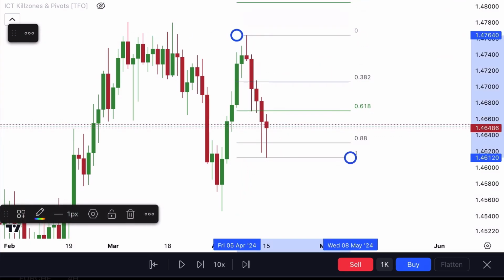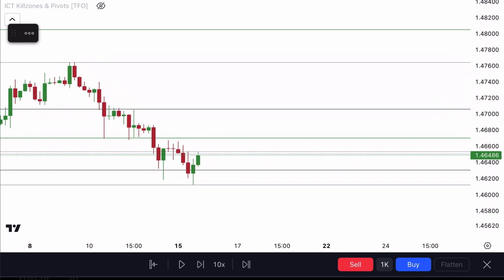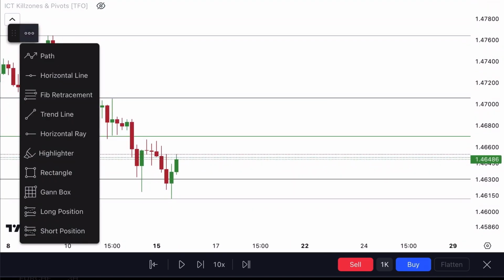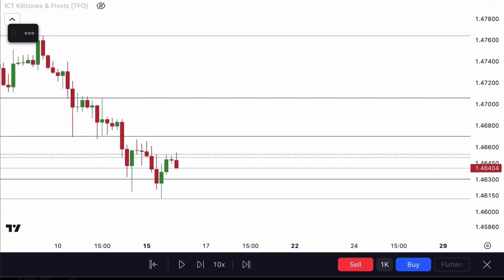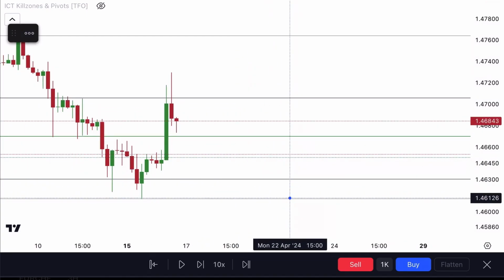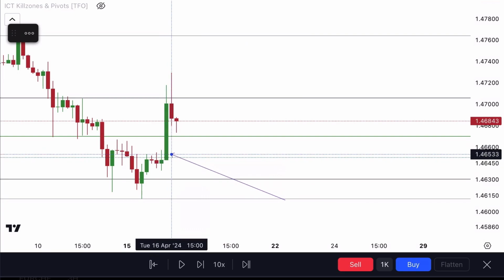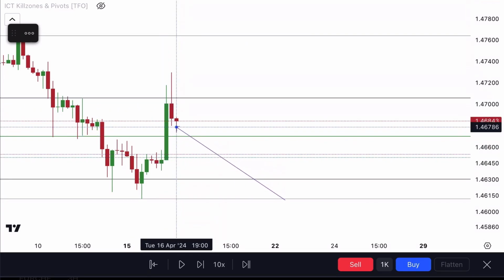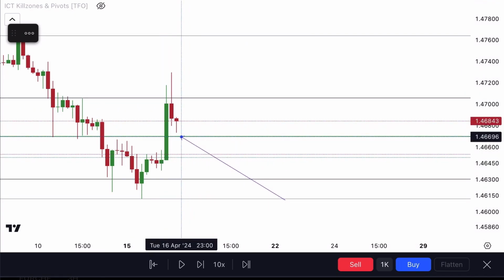And then we go to the 4 hour, waiting for the break, followed by a retest. So right now, we're just waiting for the break. As you can see, we had a nice break right here. This big green candle breaking the 61. We'll place our entry either exactly on the 61 or somewhere around the 61. And the stop loss will go at the 88 in this case.